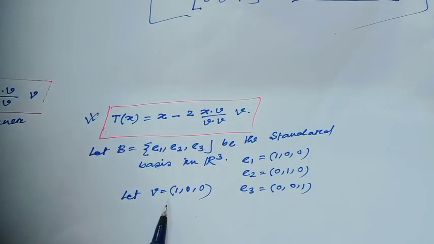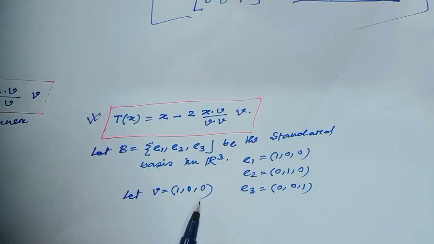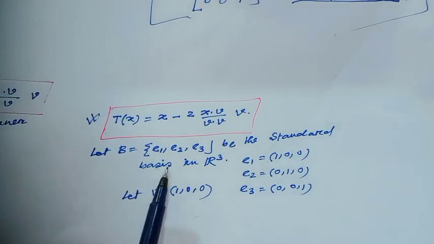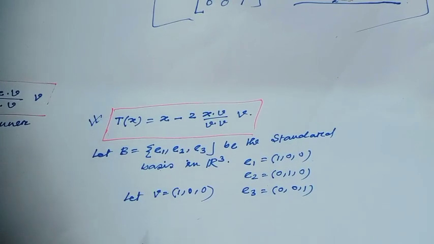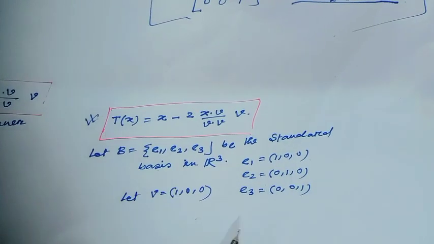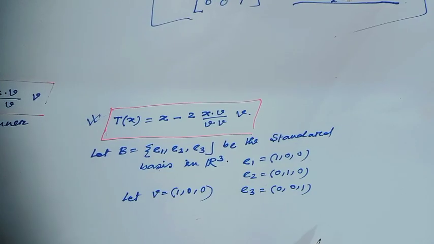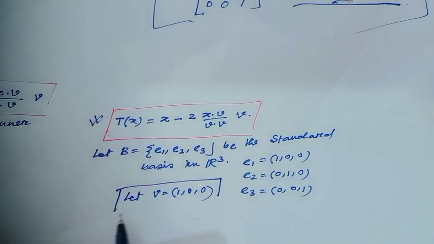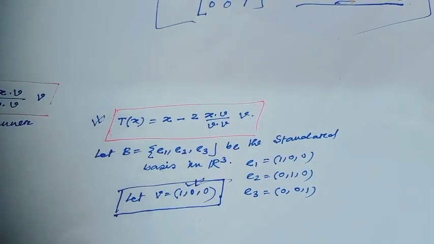For this, consider an arbitrary v, which is (1, 0, 0), and consider the basis as the set containing e1, e2, e3, where e1 = (1, 0, 0), e2 = (0, 1, 0) and e3 = (0, 0, 1). For easy calculation, take this vector.